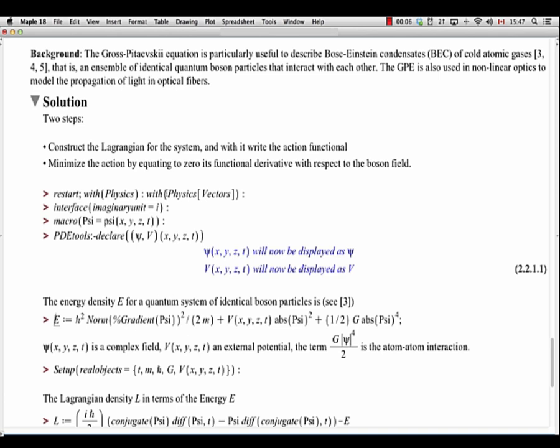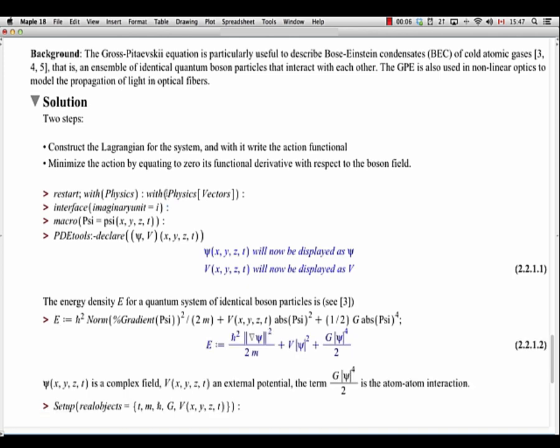So the first step is to introduce the energy density for a quantum system of identical particles. According to standard formulas, it is given by this expression, where we see the norm of the gradient of psi, we see the absolute value of psi, V is an external potential, and this term is the atom-atom interaction.